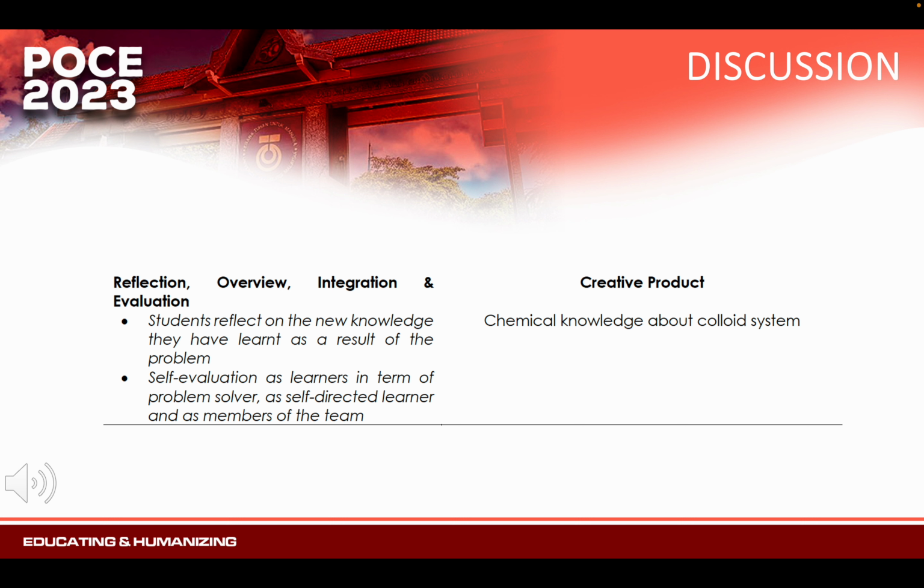We remember that the conceptual framework has three main components, which are input, then process, and the last one is output. The last component of the conceptual framework is output, as the benchmark of the effectiveness of the module in enhancing student scientific creativity.